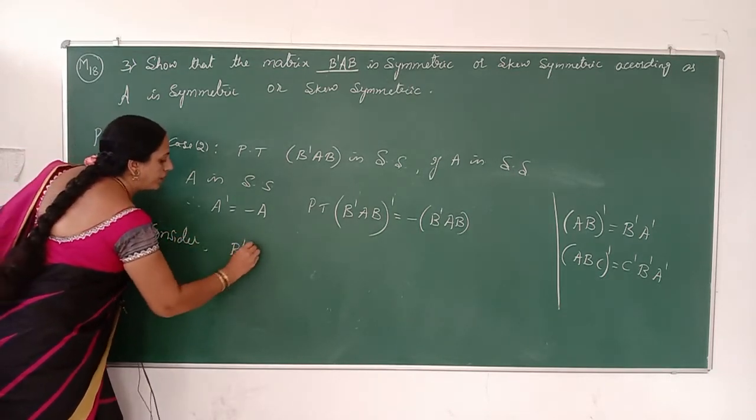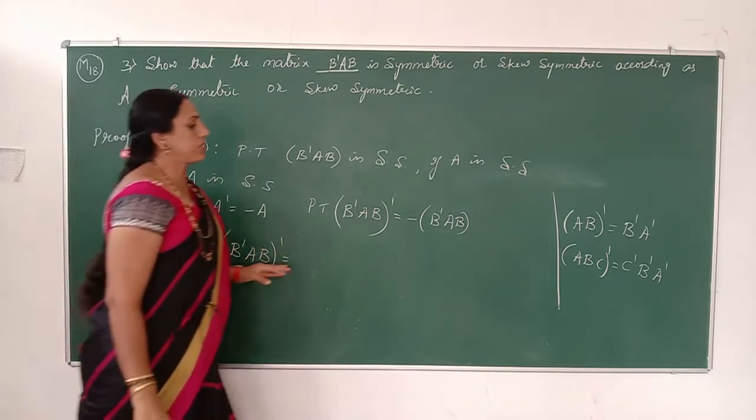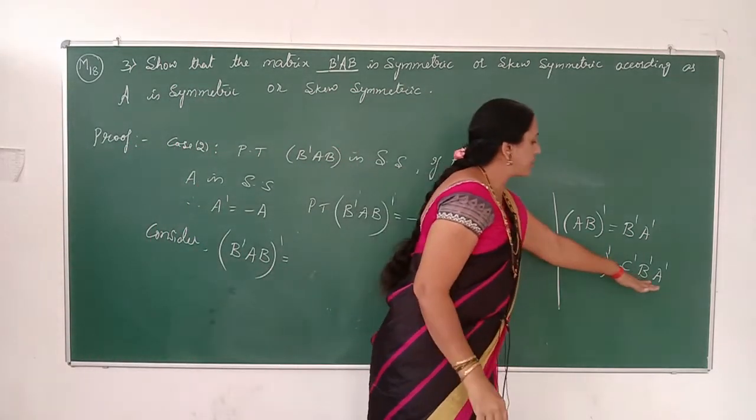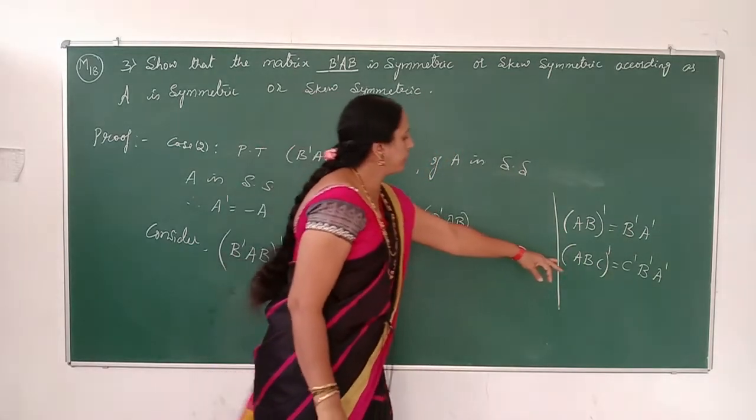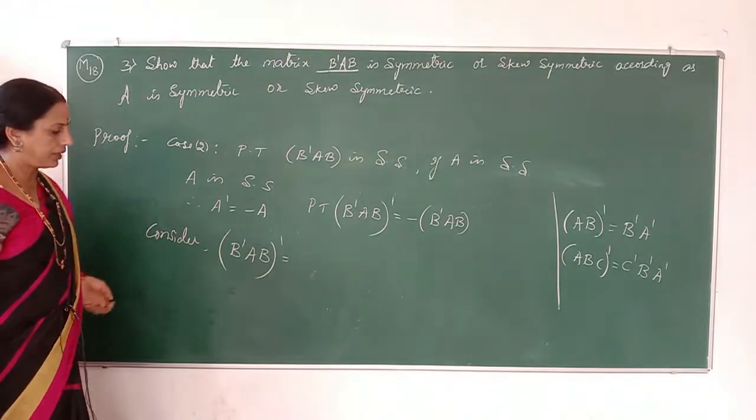B dash AB whole dash. Now, by using properties of transpose of a matrix, A into B into C whole dash can be written as C dash into B dash into A dash.